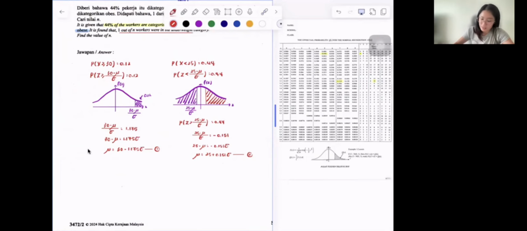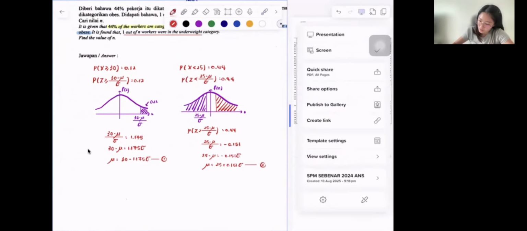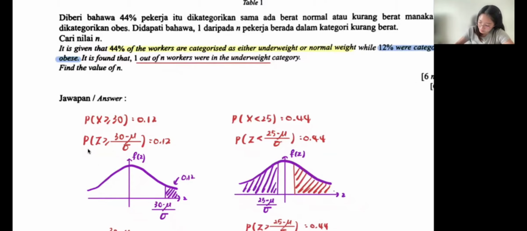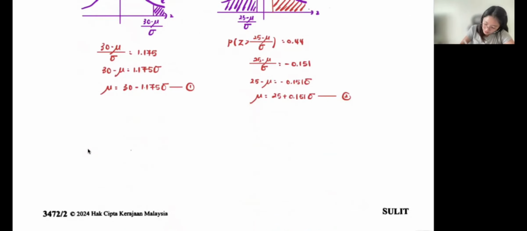Then now let us substitute to each other. Coming back here. Substitute number 1 into number 2. So 30 minus 1.175 standard deviation equals 25 plus 0.151 standard deviation. Let's move things around. Here we have 5. And then we just add up the standard deviations. This is 1.326.